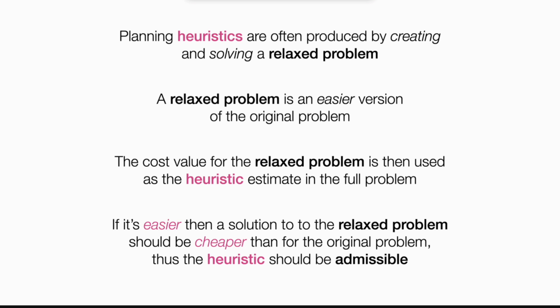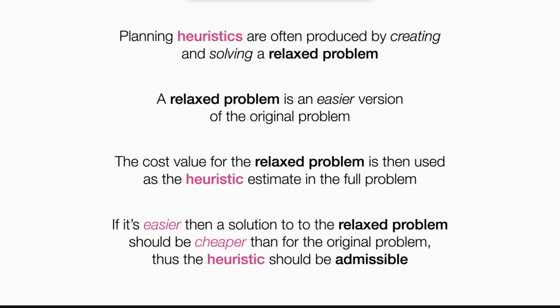We take the planning problem and the state we're interested in, make it into a relaxed version, and solve that, which gives us a plan. The cost of that plan, or the solution to that planning problem, we use as the heuristic in the original planning problem.